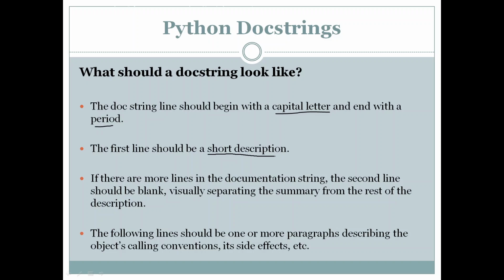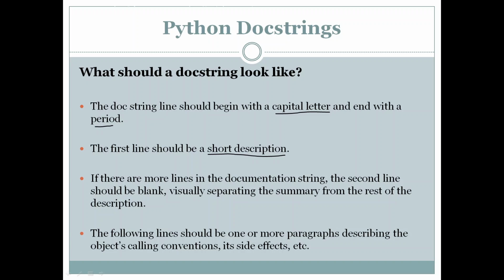A docstring can contain multiple lines, or it may contain a single line also. So if a docstring contains multiple lines, the first line should be a short description about the function or class or whatever you are declaring a docstring for.